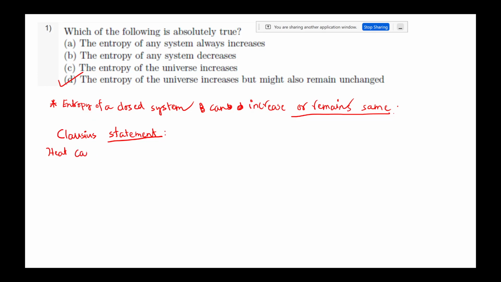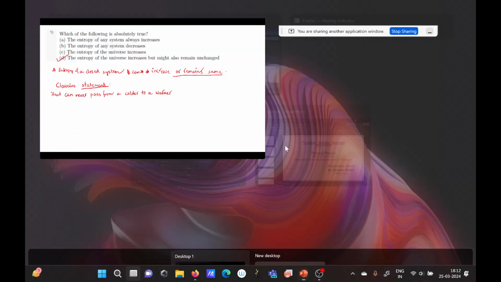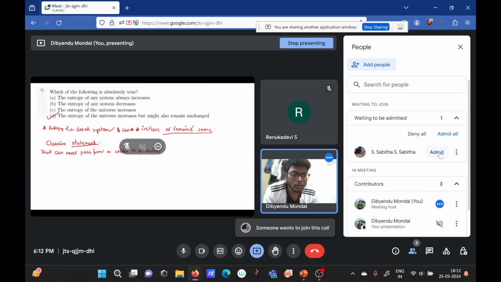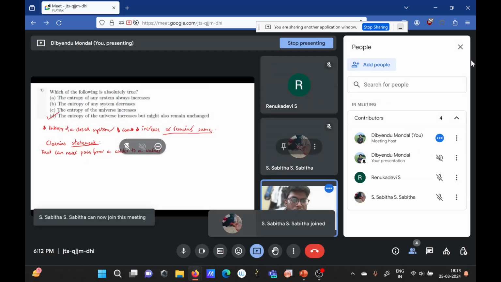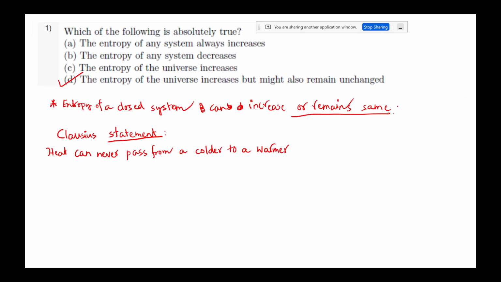Heat can never pass from a colder to a warmer body without some other change.